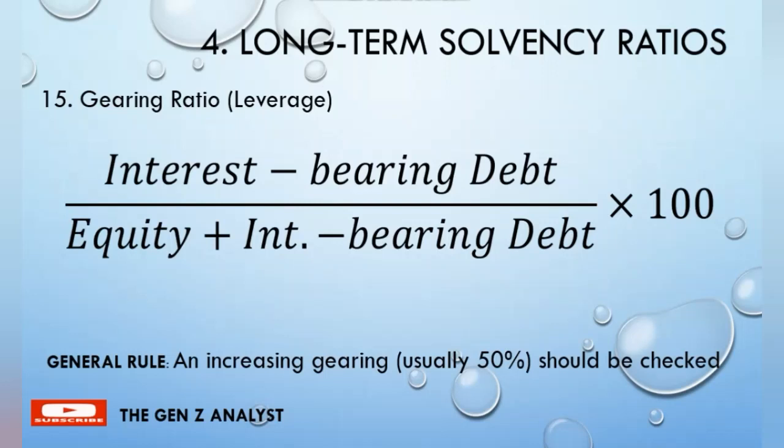When that happens, you find it very difficult to borrow to finance your operations in the future, and investors will also be unwilling to invest in your business because they believe that your business is at the verge of collapsing or being declared bankrupt. So the gearing ratio is a very important ratio when it comes to investment decision making in businesses.